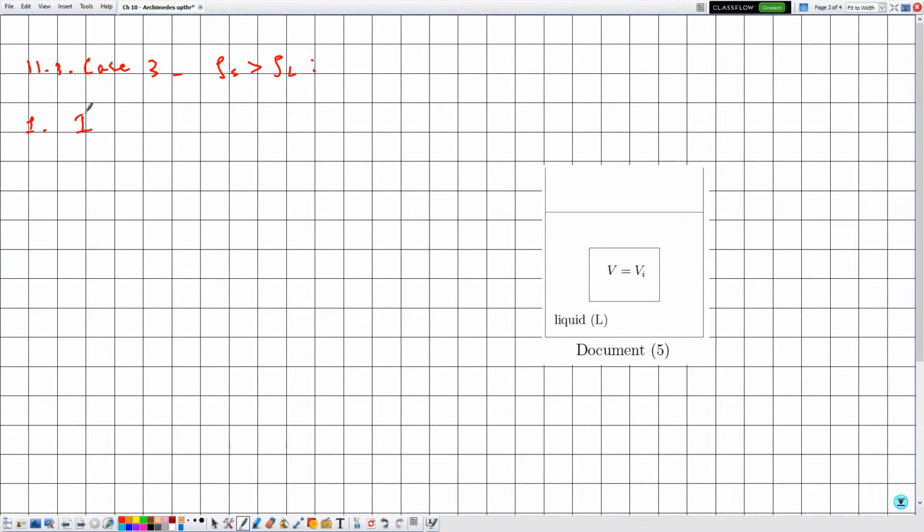In this case, or let me say that in the beginning, the object S is completely immersed in the liquid L as shown in document 5.